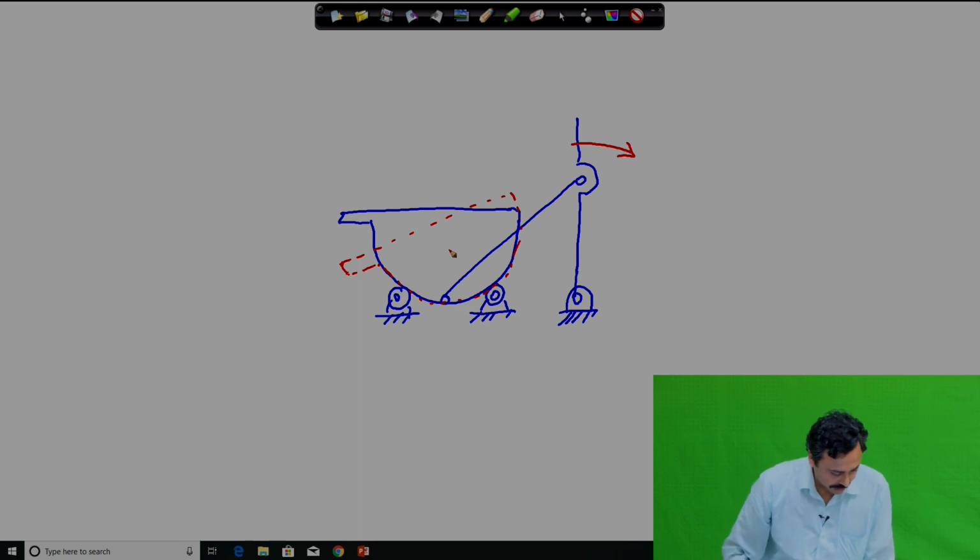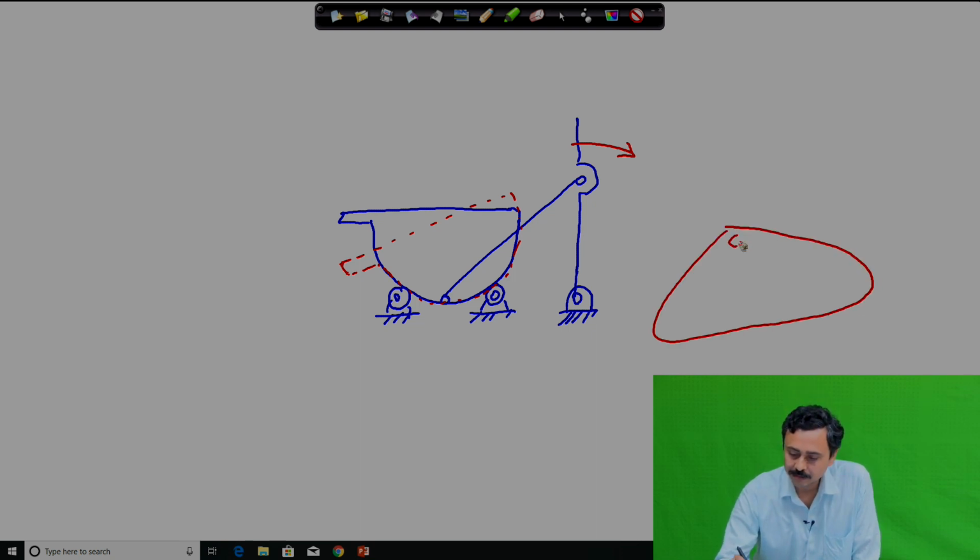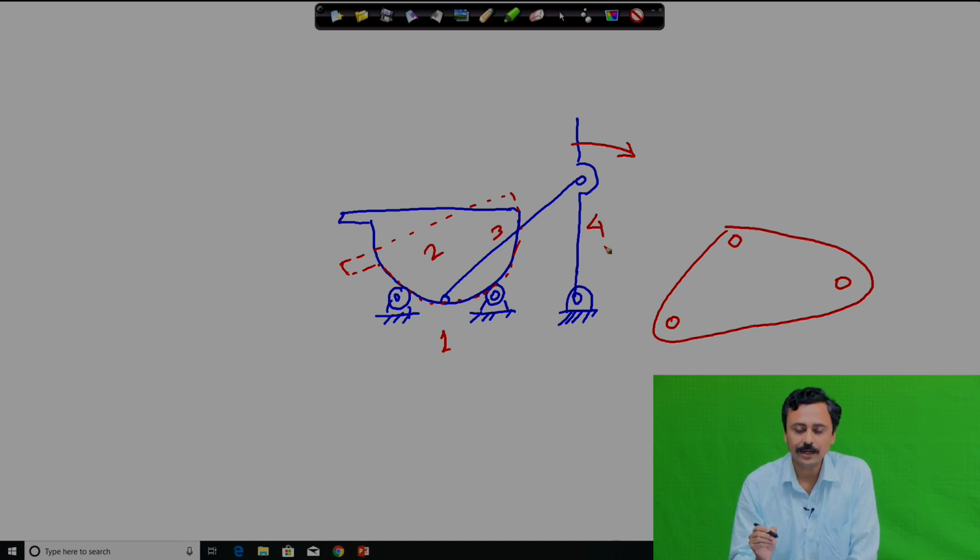Okay, so the question is on the ternary links in the pouring snout. Now, the question is the number of ternary links, right? The ternary links are those which have 3 kinematic pairs connecting to it. You remember that we start by counting the ground as 1, 2, 3, 4, right.